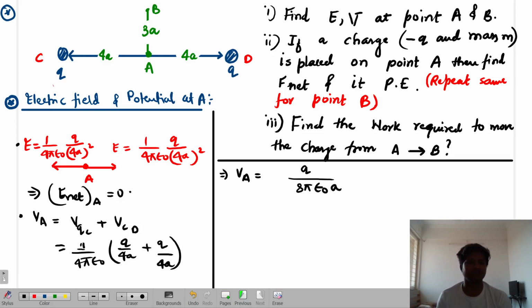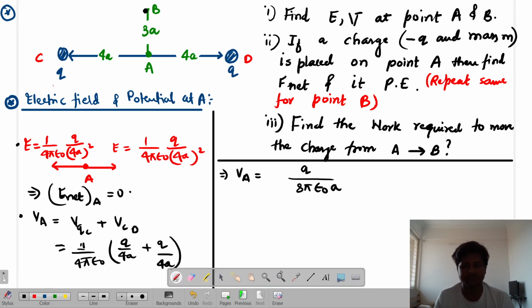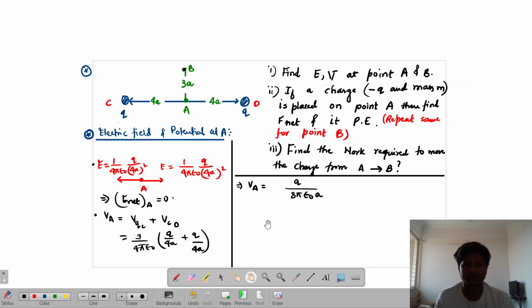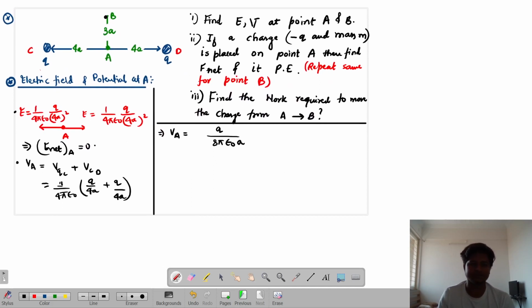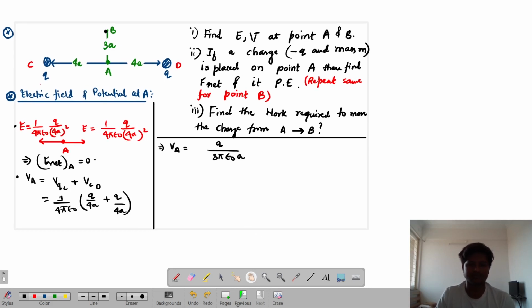Now it is asking the electric field and potential at point B. This calculation they are asking, isn't it? So simple. See that, these are my charges. So electric field due to Q will be in upward direction, isn't it?